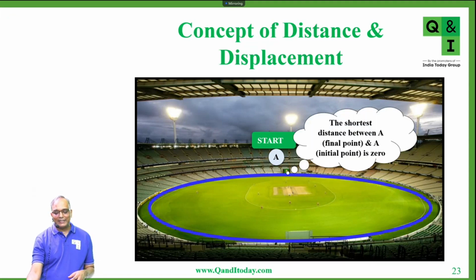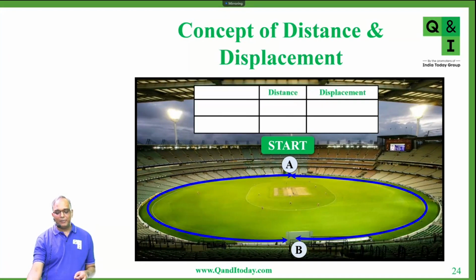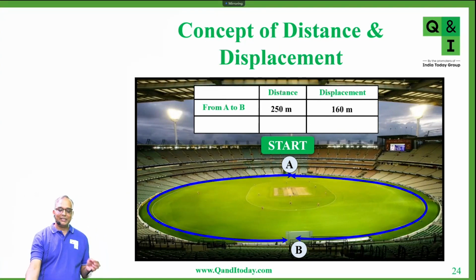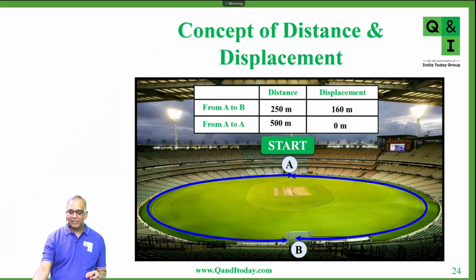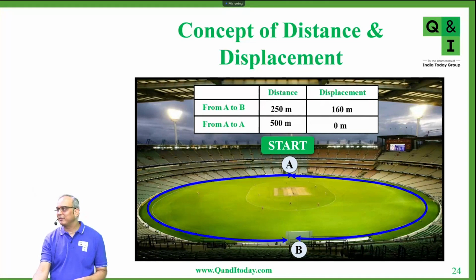Now if you find the displacement, because the initial and final position are the same, the displacement will be equal to 0. So from A to B the distance is 250 meter and displacement was 160 meter, but from A to A, where initial and final position remain the same, distance becomes 500 meter and displacement becomes 0.